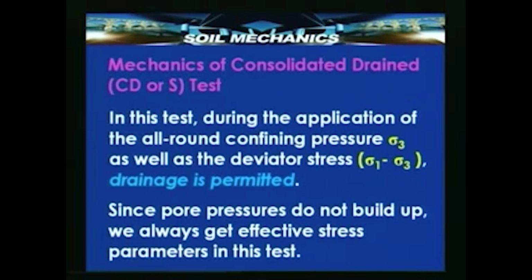That is why this permits total consolidation to take place during the first stage of loading and drainage to take place during the second stage of loading, and that is why it is called consolidated drain test. This implies that the loading is slow enough to allow water to expel and not build any pore pressure.